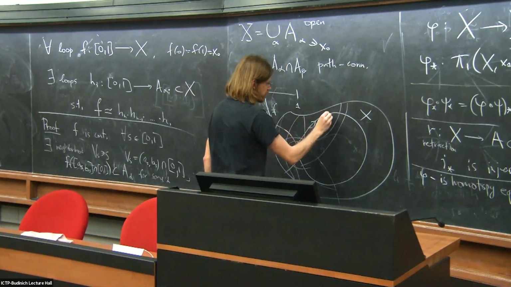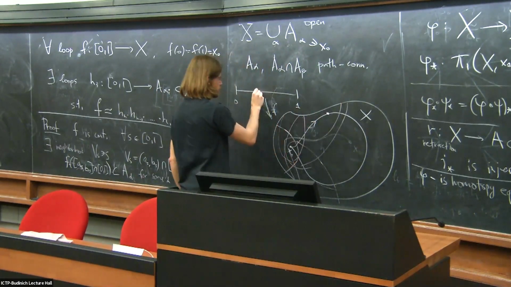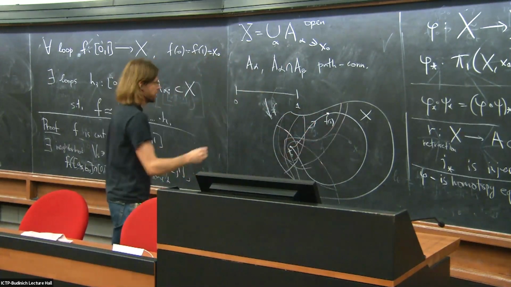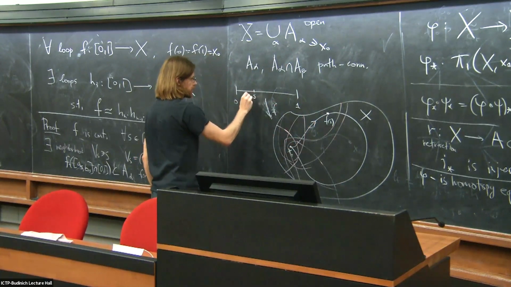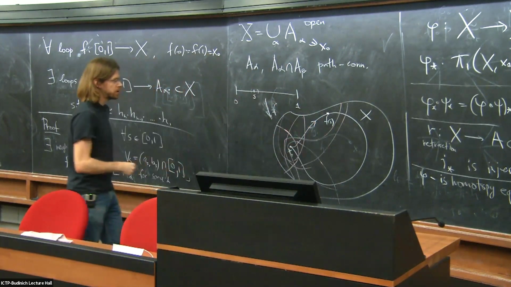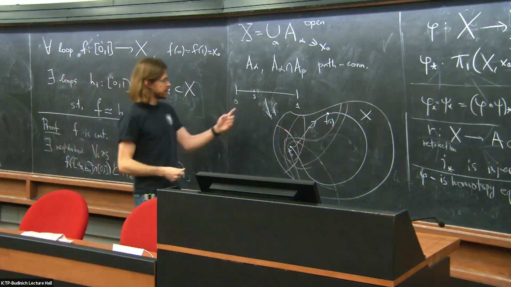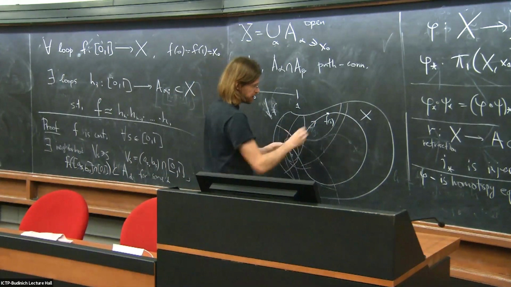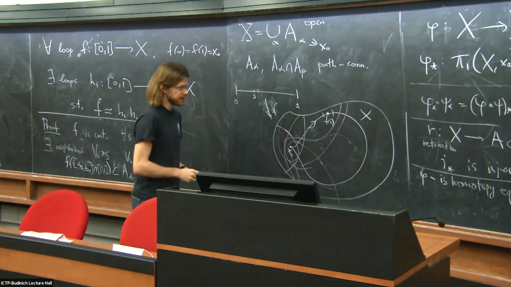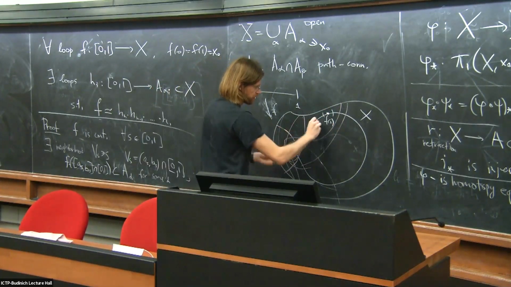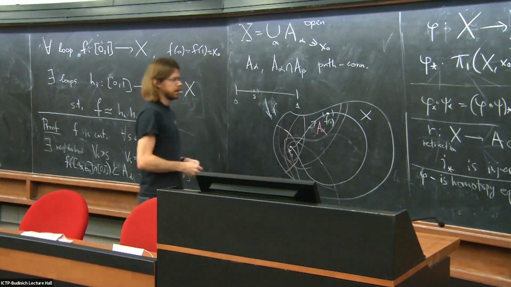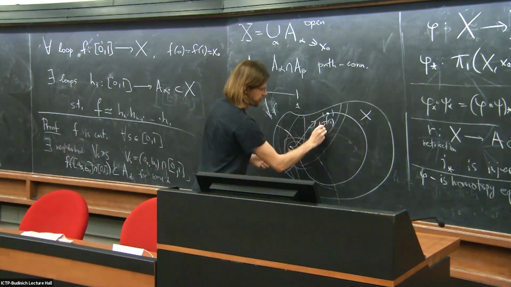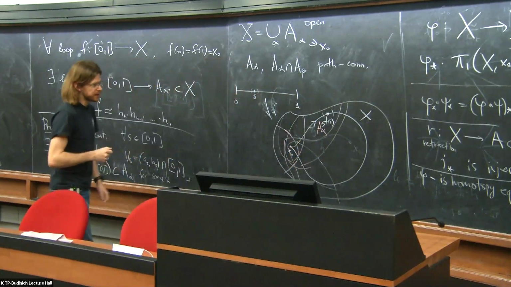And because of the continuity, if this is say f of s, I can ensure that there is a sufficiently small open neighborhood of s, an open interval, so that its image is also contained inside the particular A alpha where the point f of s landed.